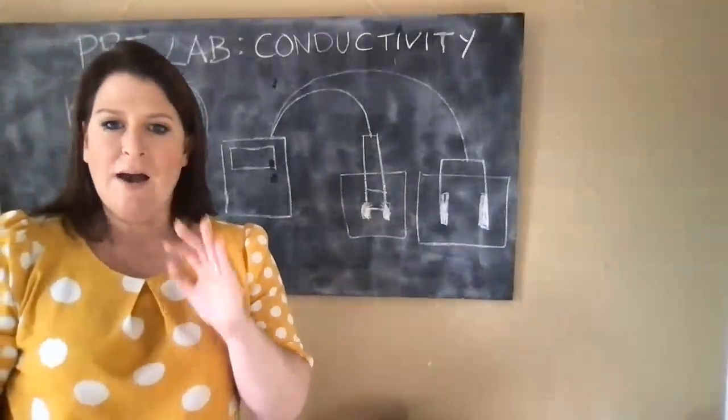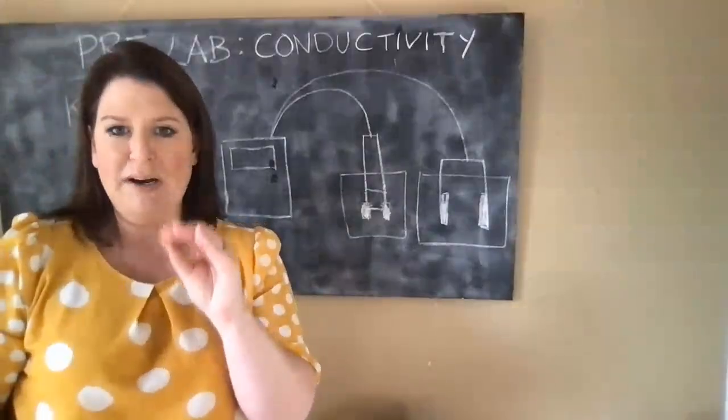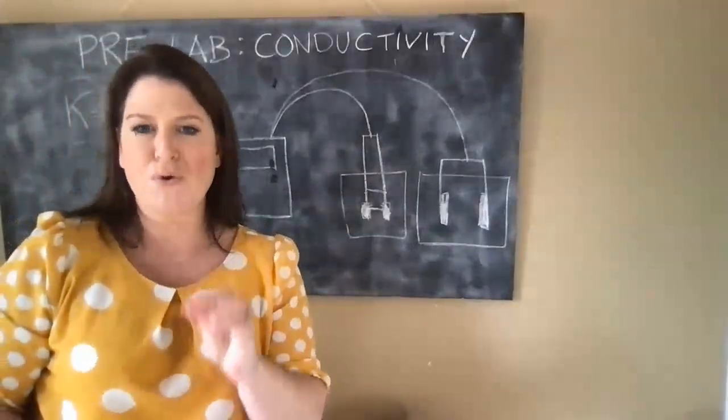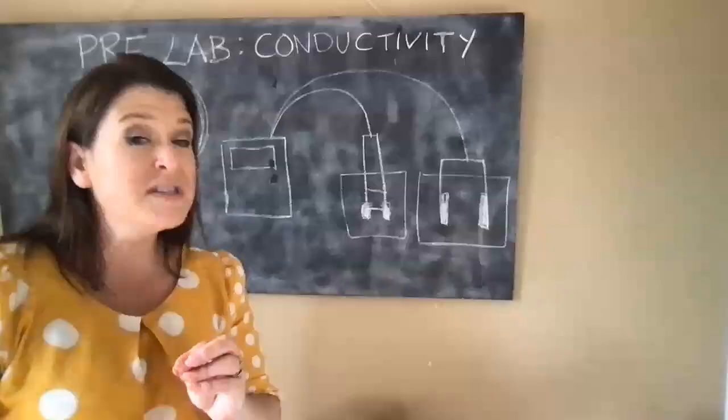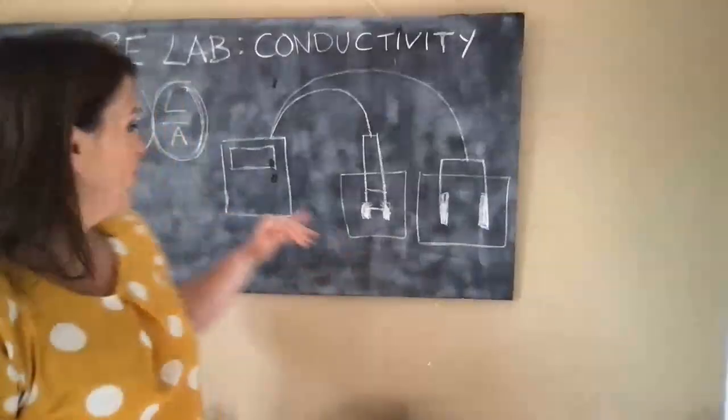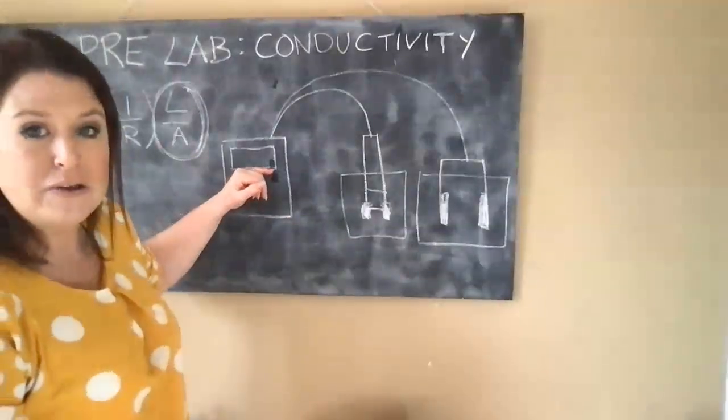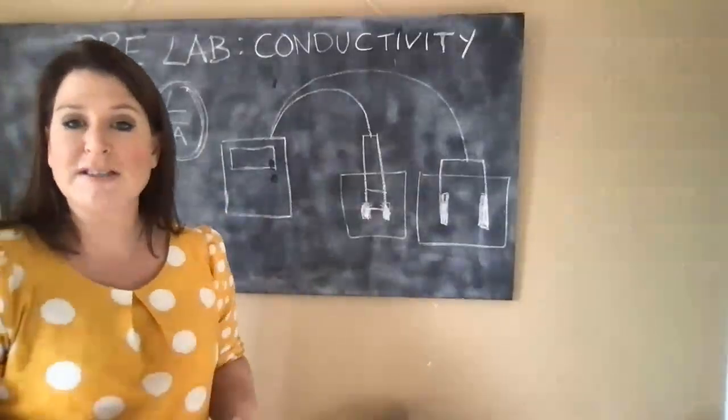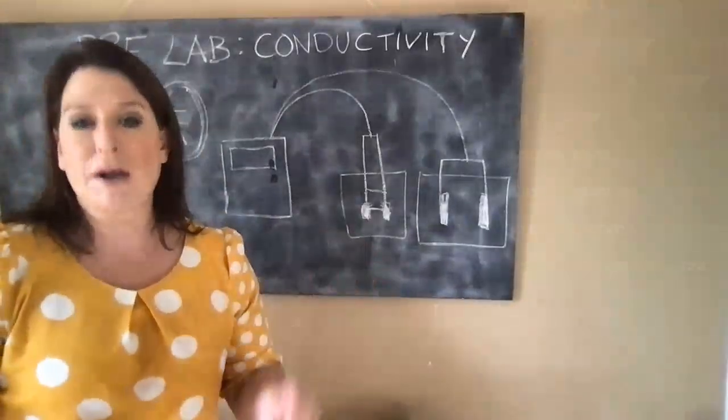One thing I want to drive home really carefully: the demonstrators will point it out to you as well. Depending on how good the solution is at conducting, the units will change from millisiemens to microsiemens.